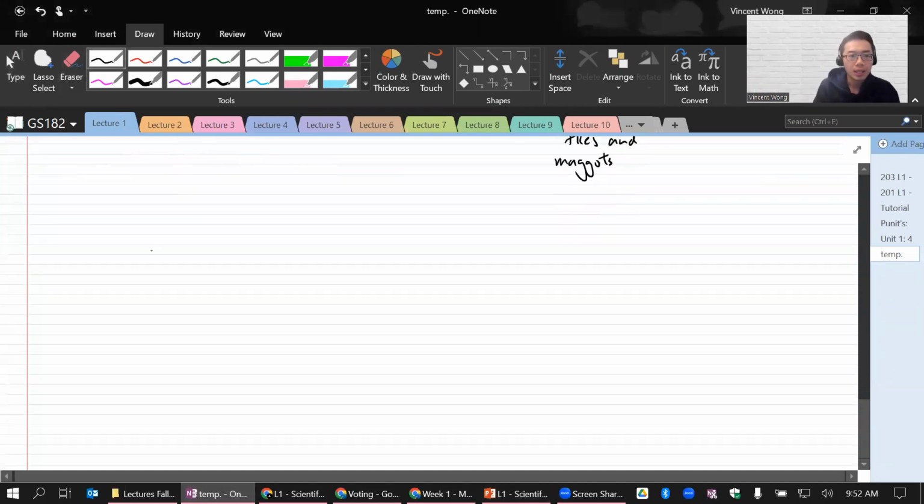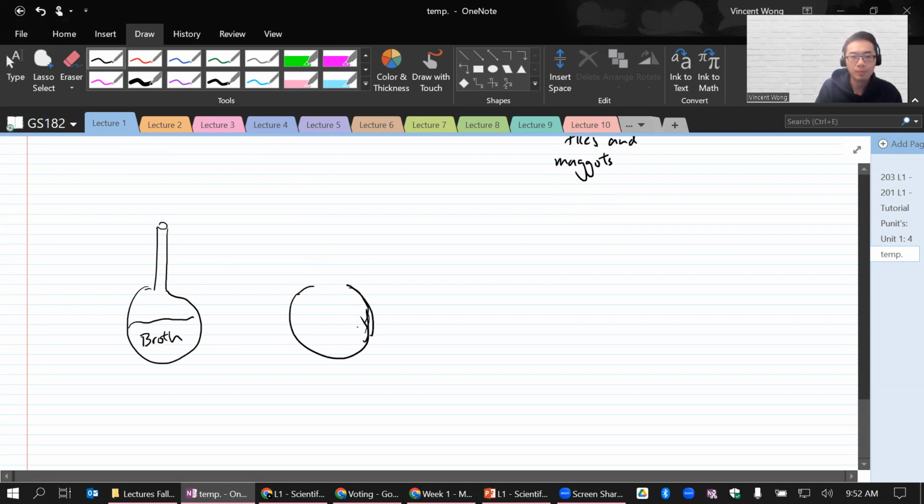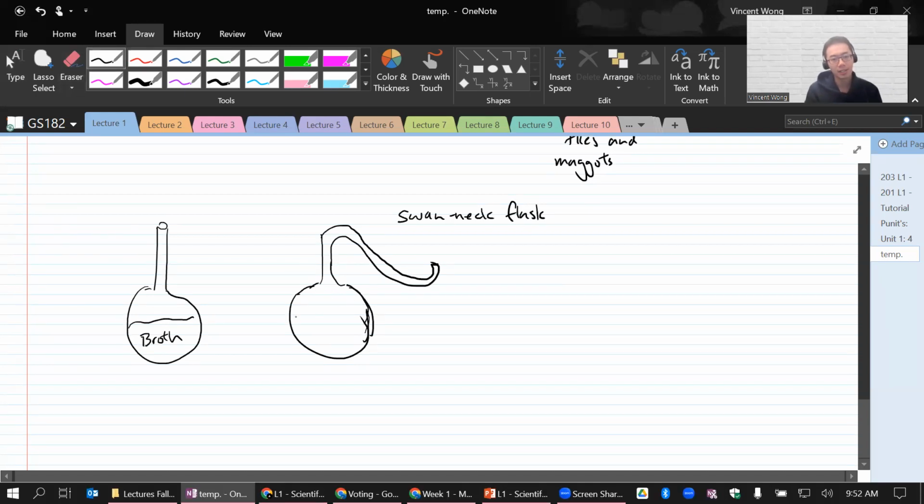So he has a flask here with some broth in it, like chicken broth, some kind of nutritional broth. Here he has another container with a special swan neck. This one is just a regular open tube flask. This one also has broth in it.